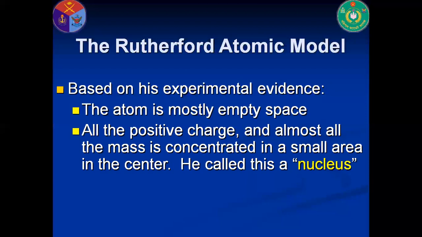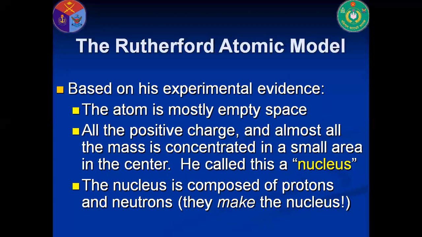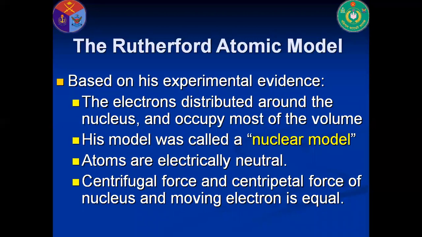In the nucleus there is a positive charge. Here protons and neutrons exist, and the dense particle at the center of the atom is called the nucleus. Electrons are distributed around the nucleus, where most of the space of the atom is occupied.